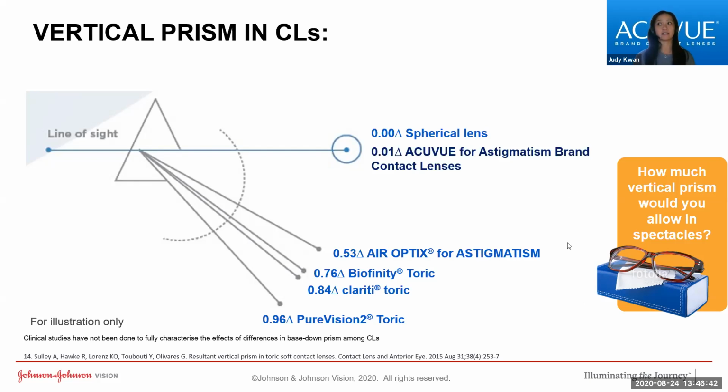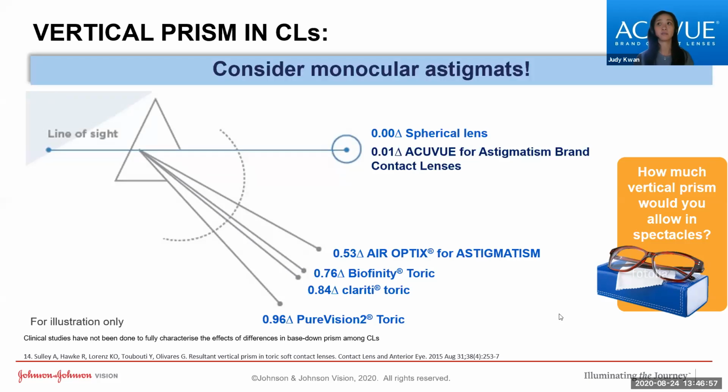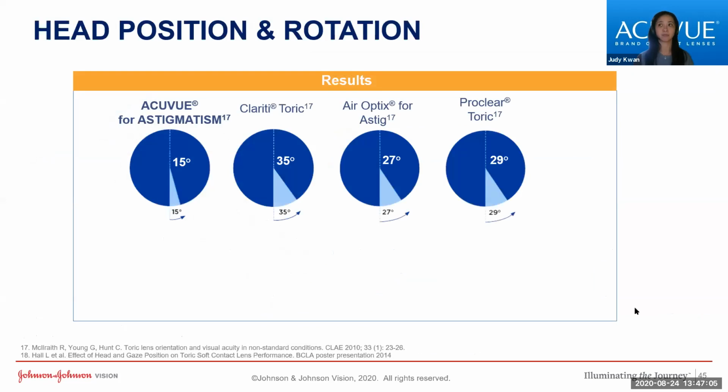So this is where I think knowing that certain contact lenses have different prismatic effects can actually help us troubleshoot some of those symptoms that our patients are describing to us when they're wearing toric contact lenses. So remember, please consider your monocular astigmats because of the prism effect that potentially may come in play.